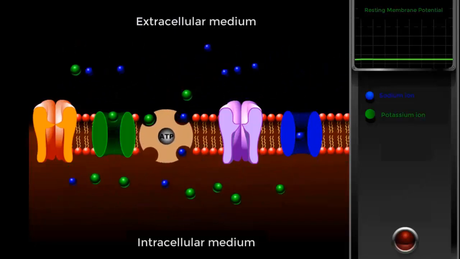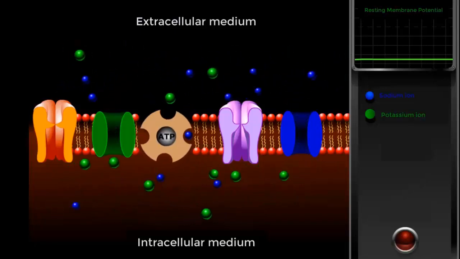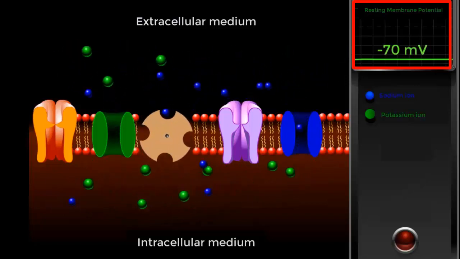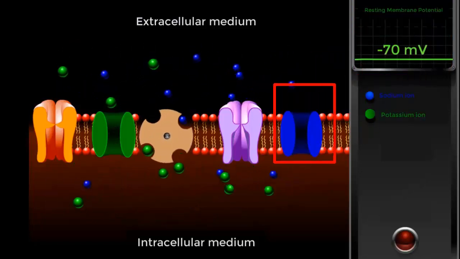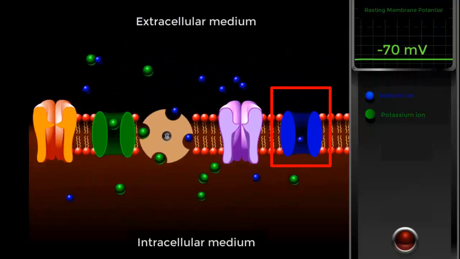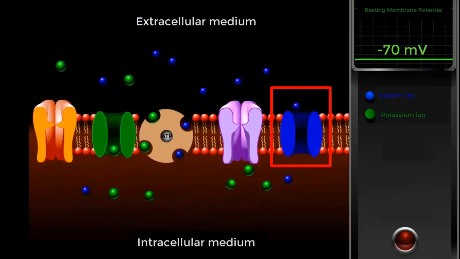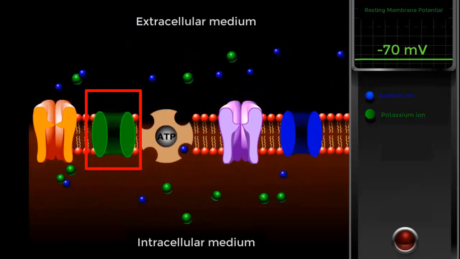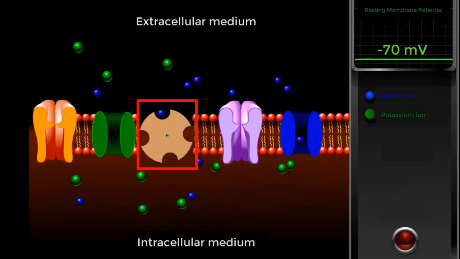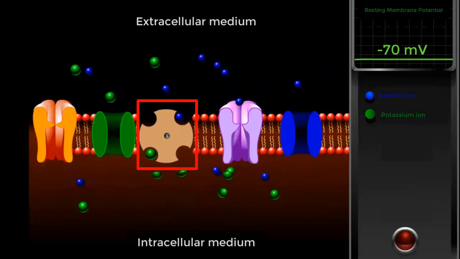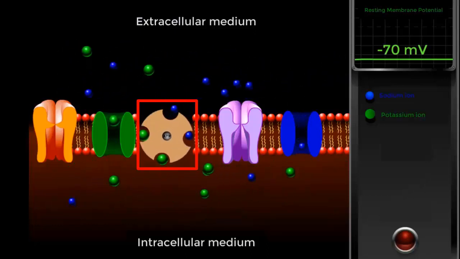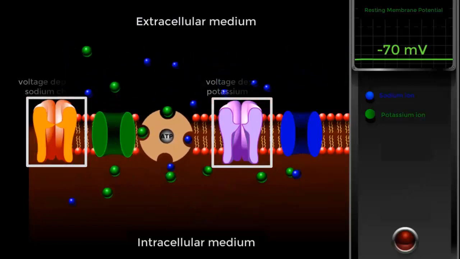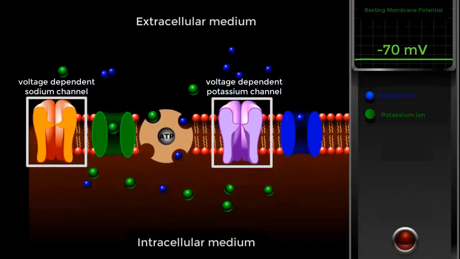The neuron in this simulation is at rest for now. You can see how the resting membrane potential is -70 millivolts. Sodium ions in blue are diffusing through sodium leak channels into the neuron, while potassium ions in green are diffusing through potassium leak channels to the outside. But the sodium-potassium pump powered by ATP is forcing sodium out and potassium in. Notice that at rest, both sodium and potassium voltage-dependent channels are closed.